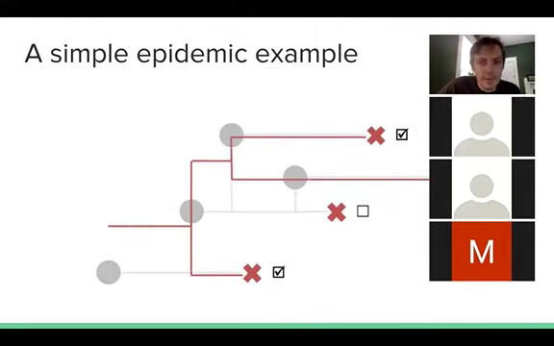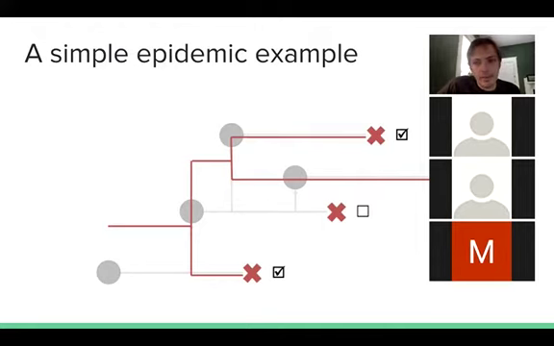We spent a lot of time in those first couple of weeks thinking about the relationship between the underlying pathogen transmission tree and the phylogenetic tree that we could then reconstruct from the pathogen sequence data.